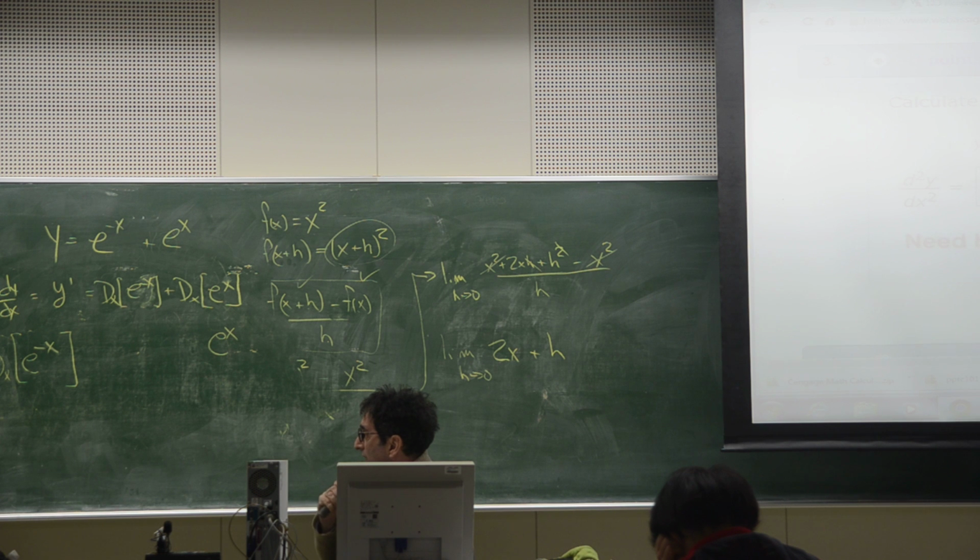So that function, e to the minus x, can you make an outside function and an inside function? Just do that. You don't have to do the chain rule. So what is the outside function and what is the inside function?